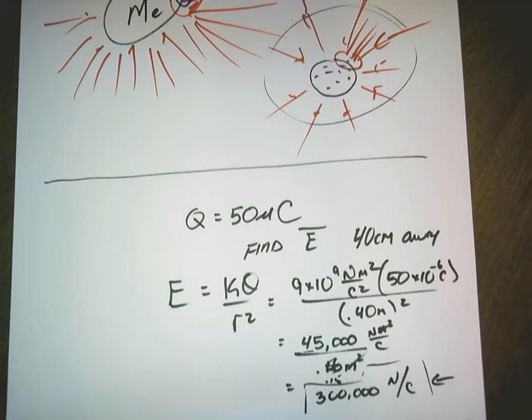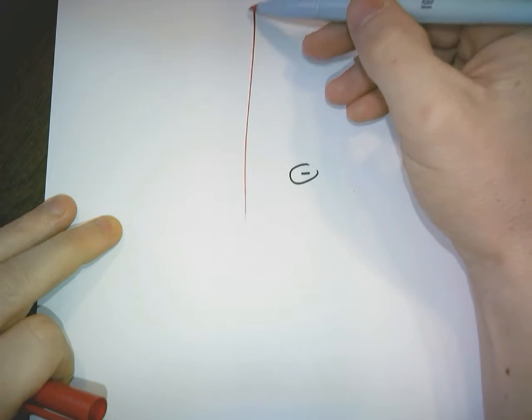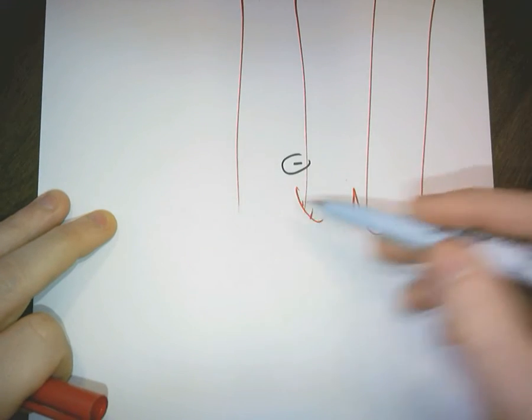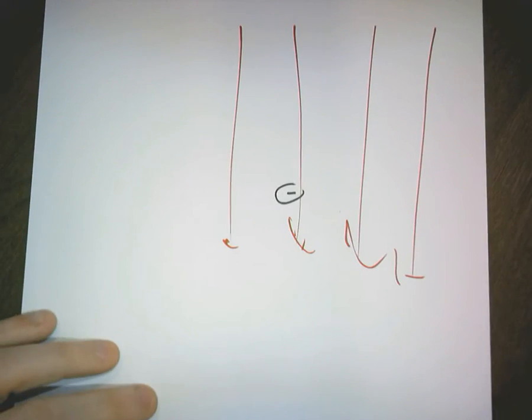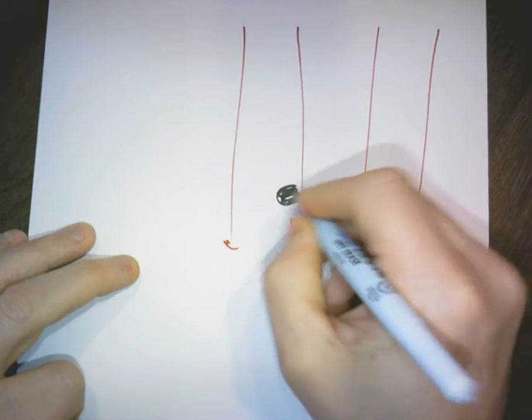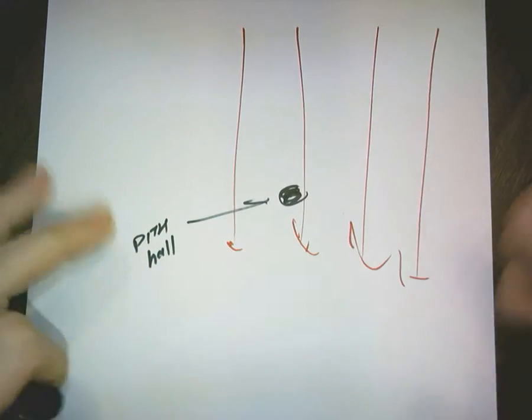Now, the last thing is, we're still talking about force fields. So you can have a situation where maybe you have an electron in a downward pointing uniform field. Or maybe it's a little pith ball with just a teeny minuscule amount of charge on it. We're going mechanical.